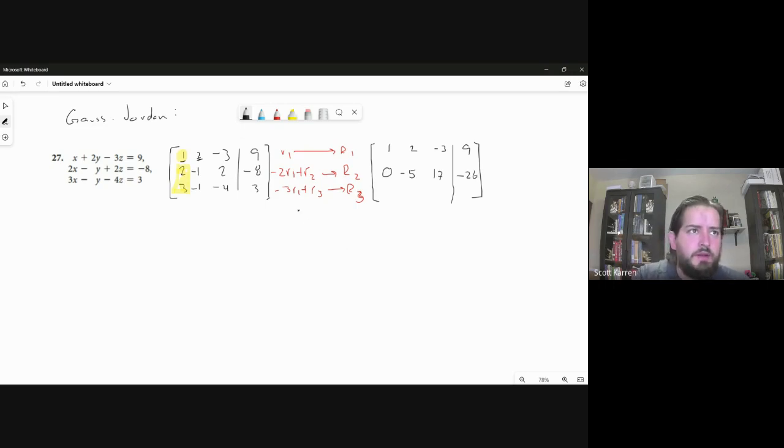And then the bottom part here, -3 row 1s, so element by element, -3 times 1 is -3, plus 3 is 0. All right, and I'm not writing it down anymore, but hopefully you're following along with what's happening. -3 times 2 is -6, plus -1 is -7.